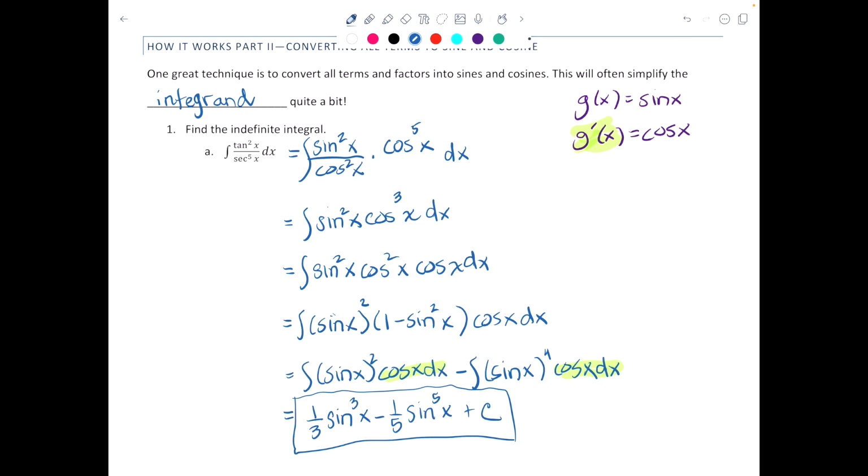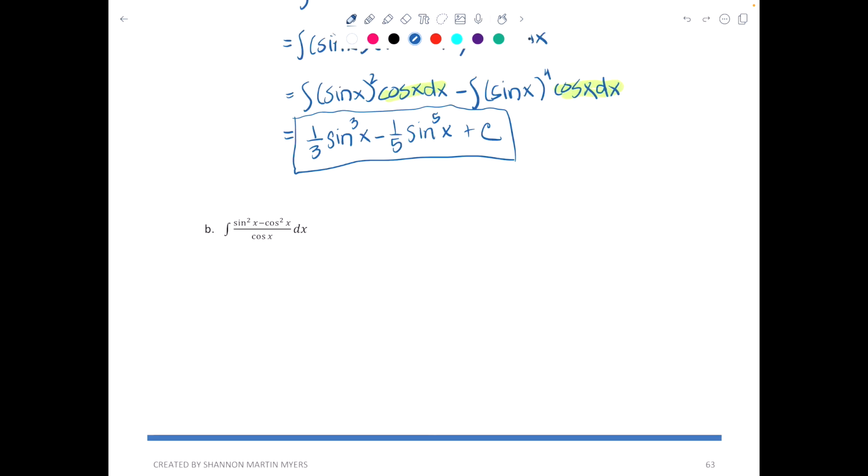Cool? All right, last but not least, we have this wonderful, wonderful creature here. So I've got cosine at x in the denominator, right? So what I'm going to do is turn that sine squared at x into cosine squareds. So we have 1 minus cosine squared at x from the sine squared at x, minus cosine squared at x, all over cosine at x with respect to x.